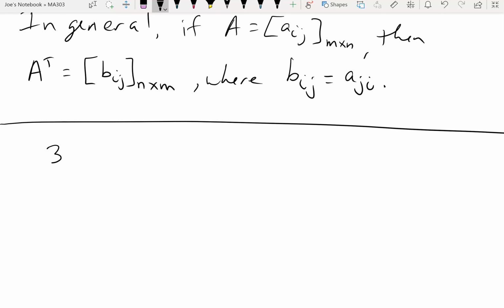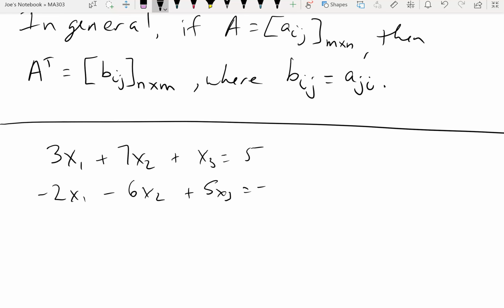Let's say we had 3x1 + 7x2 + x3 = 5, -2x1 - 6x2 + 5x3 = -2.